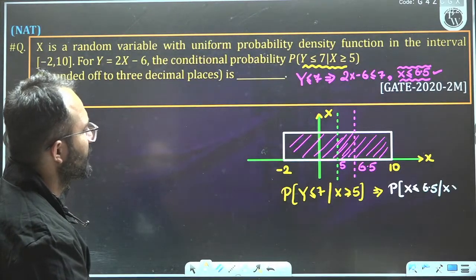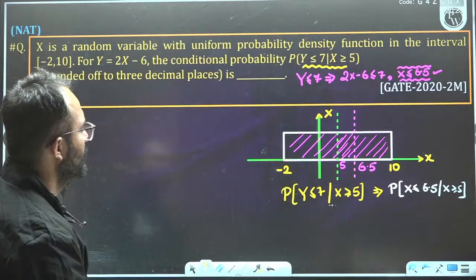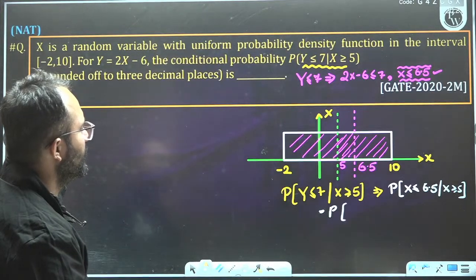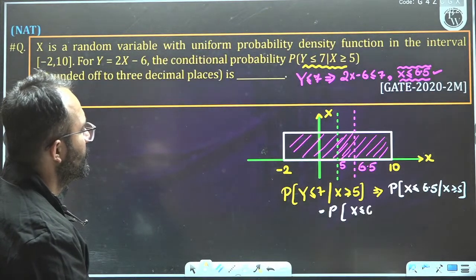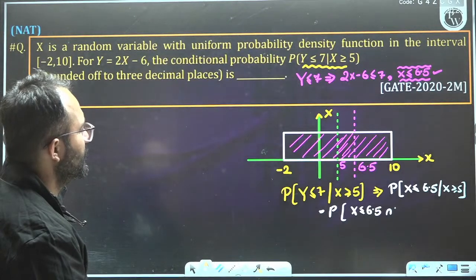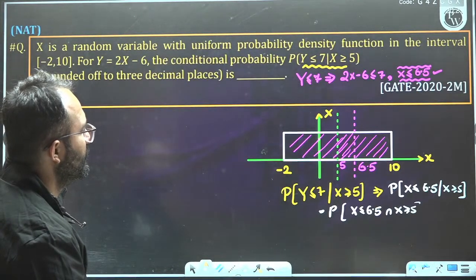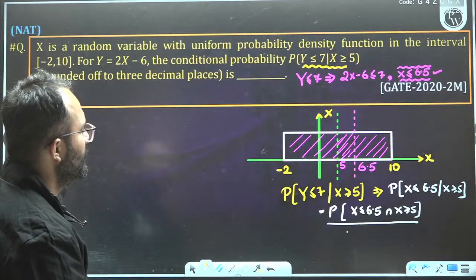Given that x is greater than or equal to 5, the probability is x less than 6.5 intersection x greater than 5, divided by probability x greater than 5.